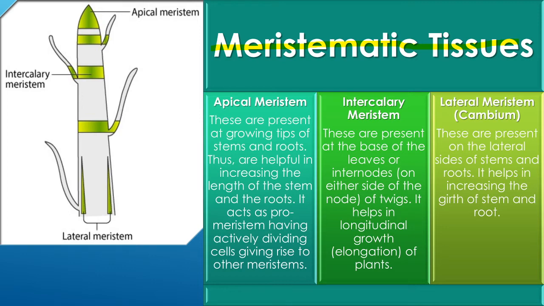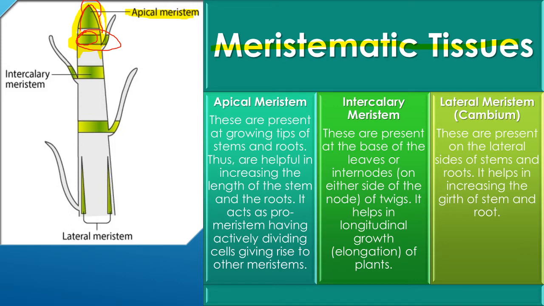Like here, at some time this apical meristem was at this stage, and then it grew very rapidly and got this much height, and the tissues which were growing were just left here and stuck here. After that the apical meristem will grow further to increase its tip and to grow the stem of the plant.